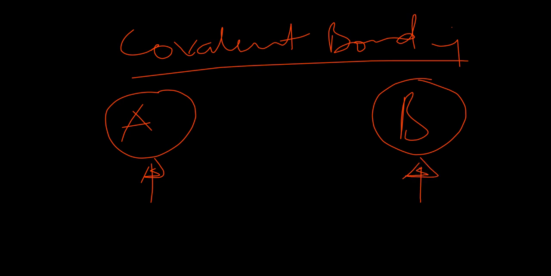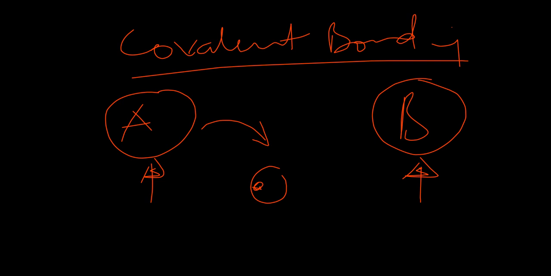So if these two are to come together, there will not be that need for one to transfer electrons to the other. In situations like this, because both atoms need electrons to be stable, what they do is this. The first atom, in this case A, will donate electrons into maybe something I would describe as a bucket. Of course, it's not a real bucket, this is just an illustration.